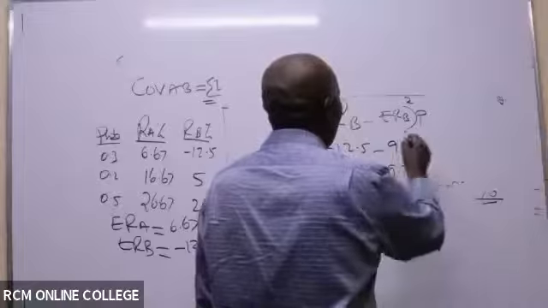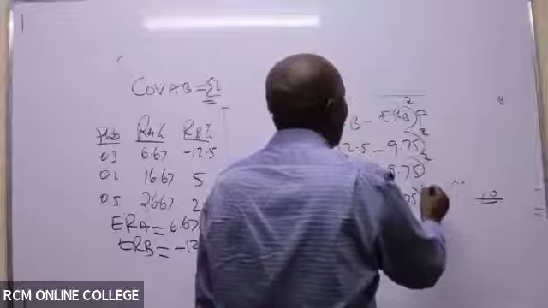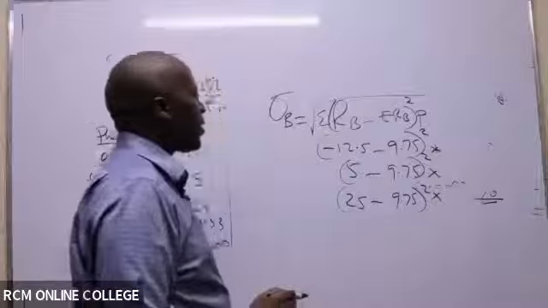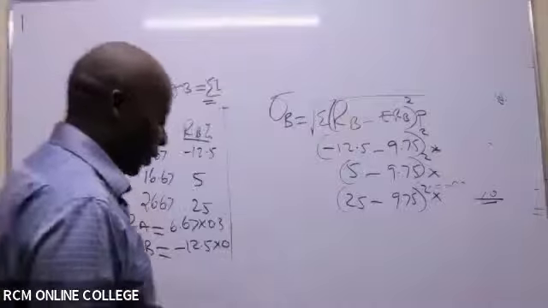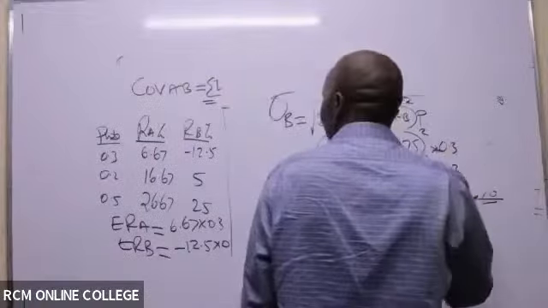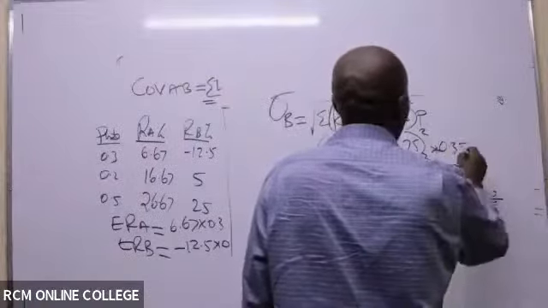Then you square, times the probabilities, which are 0.3, 0.2, and 0.5.